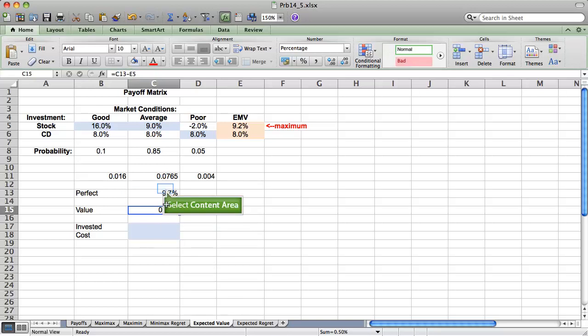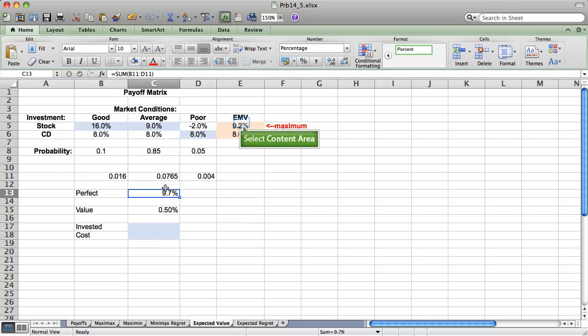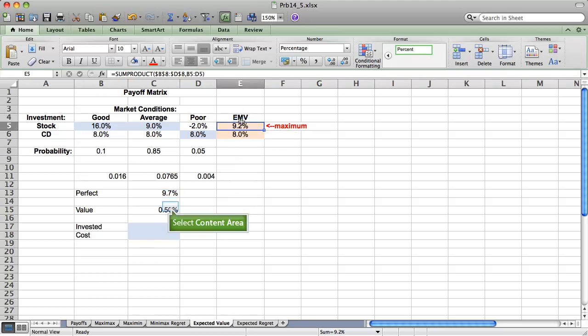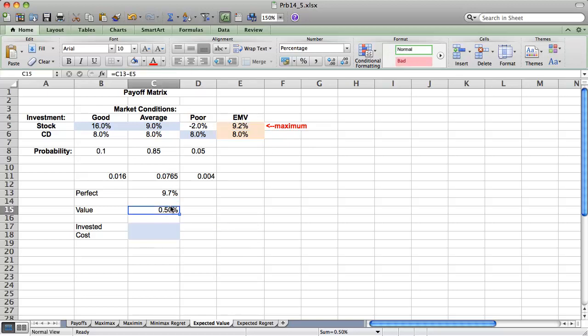The difference between our perfect world estimate and the real world of investing in stocks is only 0.5%. So now if I wanted to figure out the value of that perfect information, I know how much Philip is investing, and I know that it's going to be 0.5% of that investment to get it to a dollar value.